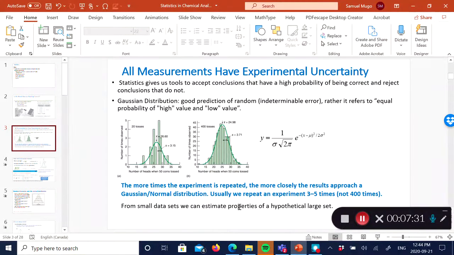So we normally approximate the data that we are getting to mimic the normal distribution. But in reality, it may not be the case, because we are only analyzing so few times, and so there's going to be skews and so on.